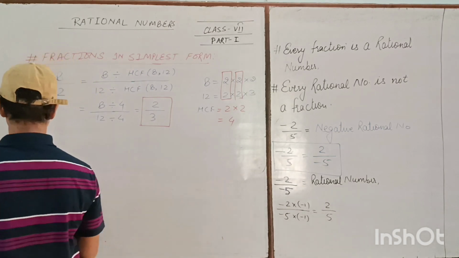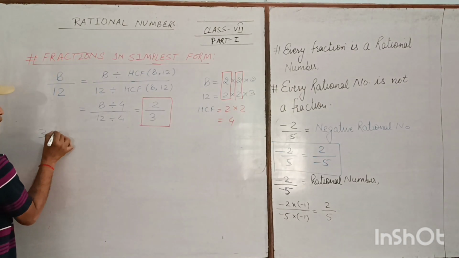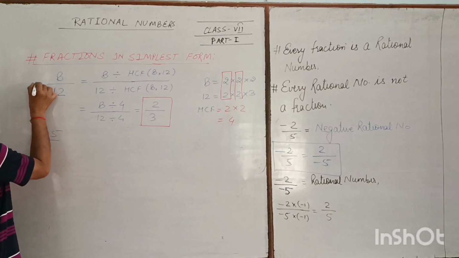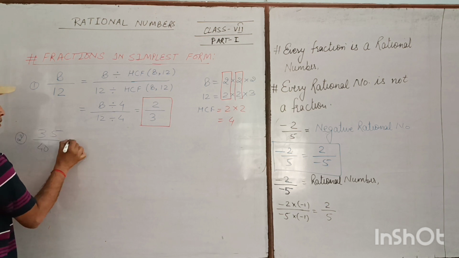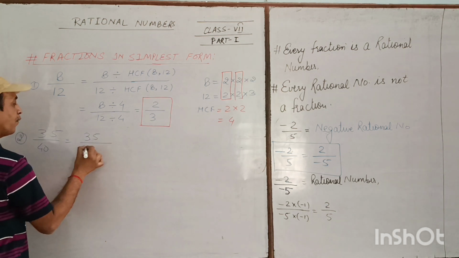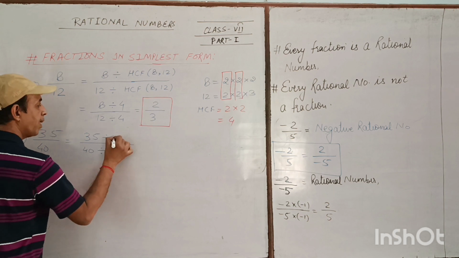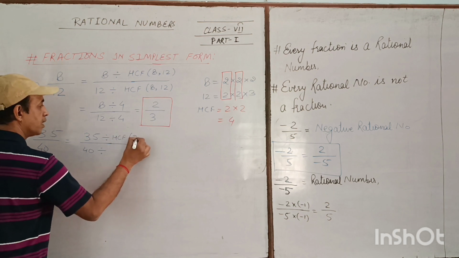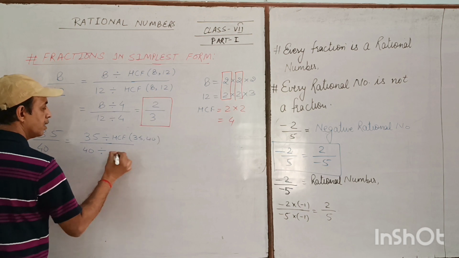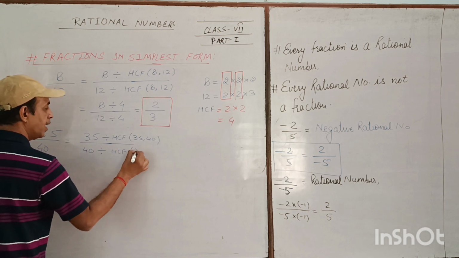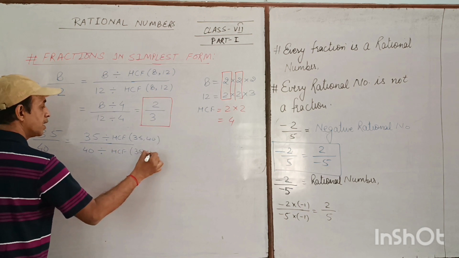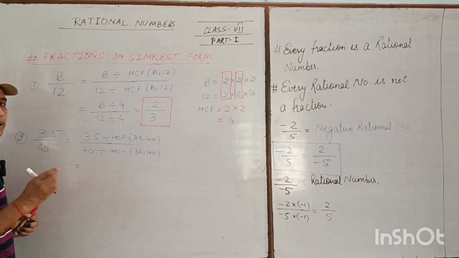For example, if you take some other example, say 35 upon 40. In this case, what will you do? You will again divide 35 by the HCF of 35 and 40, and divide 40 by the HCF of 35 and 40.